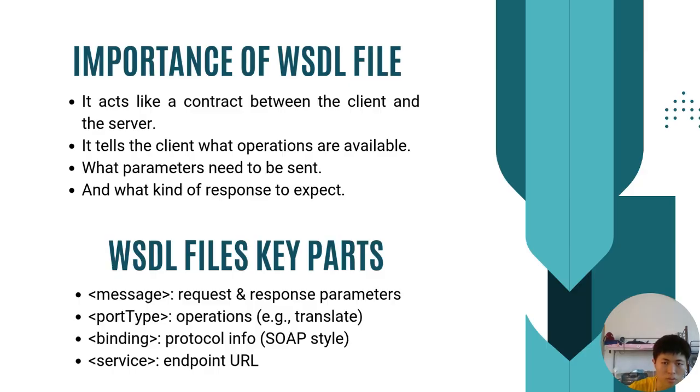Binding describes how the service will be accessed, protocols and data format. Here, it uses SOAP document style. Service provides the endpoint URL, which tells where the service can be accessed on the network.